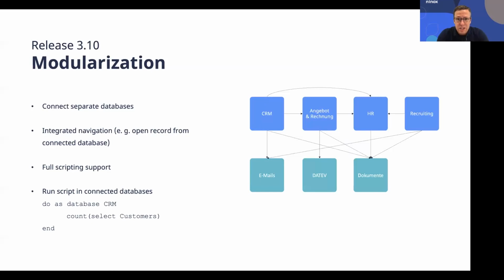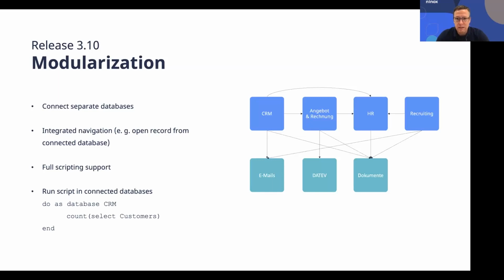With modularization, we will break this up and give you the option to create solutions which consist of multiple databases. And of course, then the question is, how can you still integrate those disparate databases? That's why we created a mechanism to connect tables between databases. This new integration of databases will support all the features you are used to from Ninox.